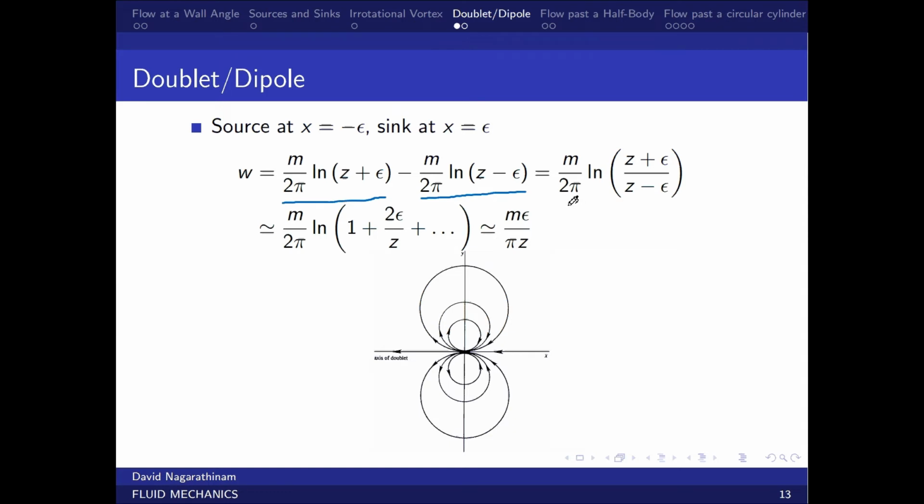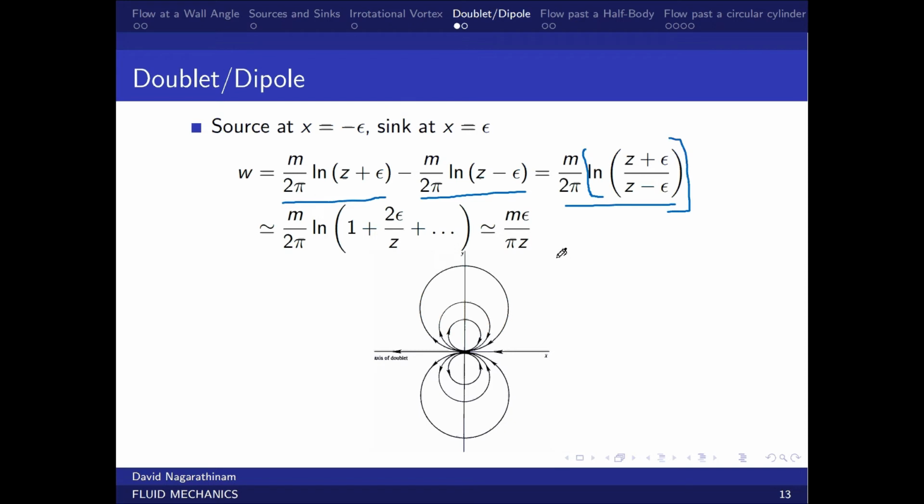Now this can be written compactly in this particular form. Upon doing a series expansion of this particular term, we have m epsilon over pi z.